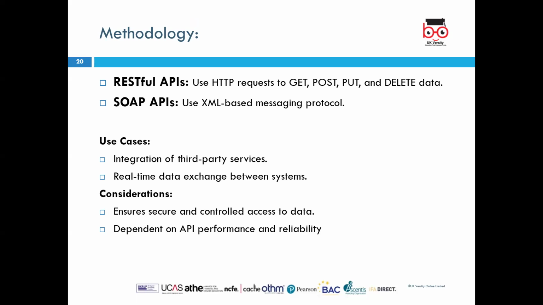This is the simple manipulation that we're going to be conducting with our RESTful API. While with a SOAP API, we're going to use XML-based messaging protocols. Some of the considerations are to ensure that we have secure and controlled access to data, so our API mainly has to be secured.